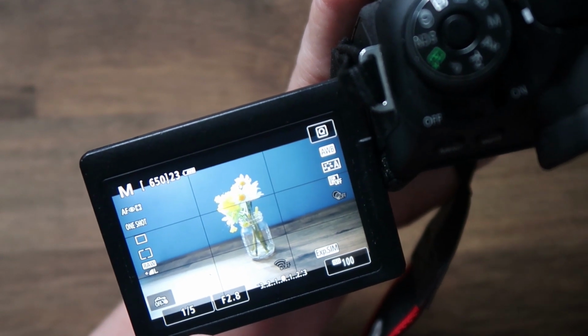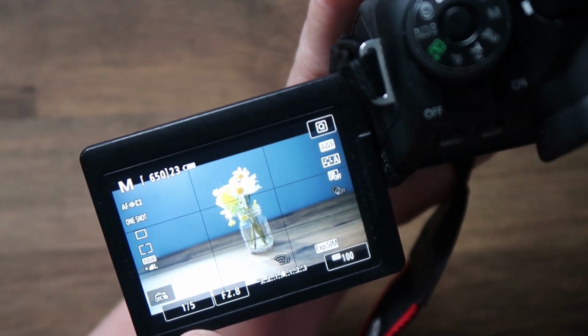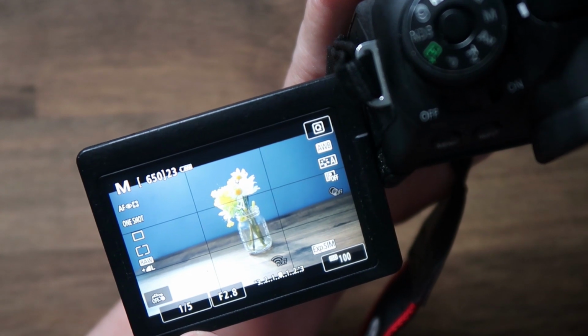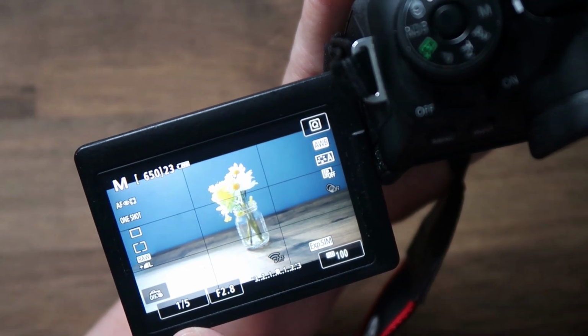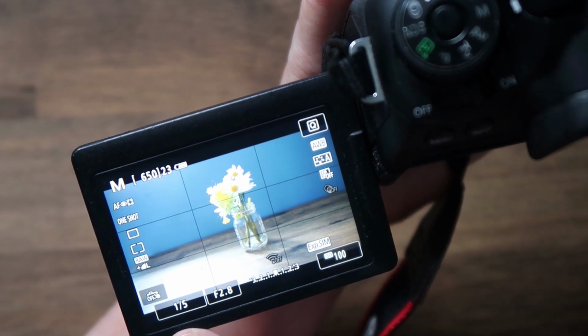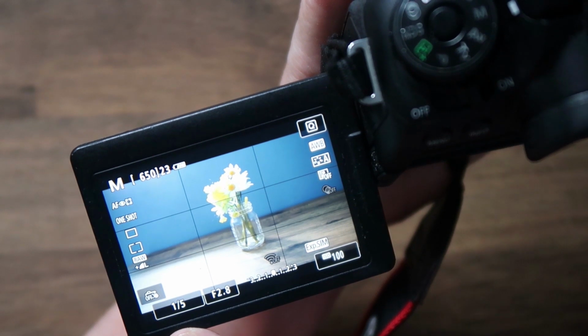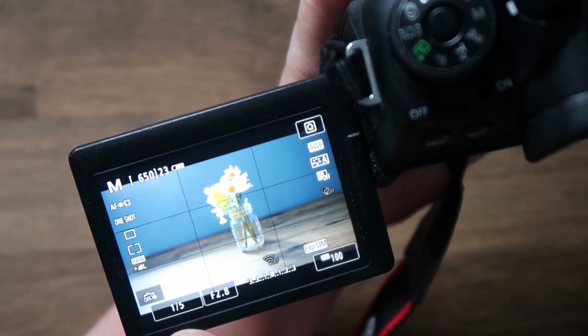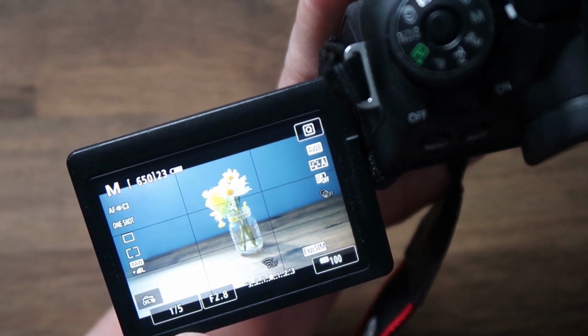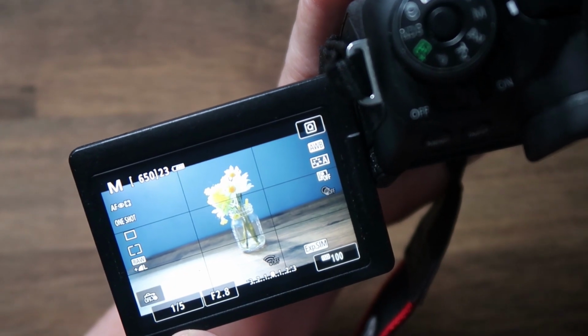I can't take an image hand holding this camera at 1/5 of a second, because when you hand hold a camera you have some shake in your hand and it moves. So if you're hand holding a camera, you need to have the shutter speed at least the length of your lens that you're using.